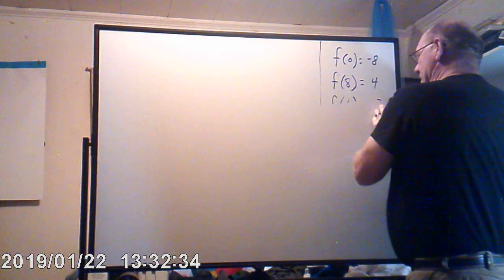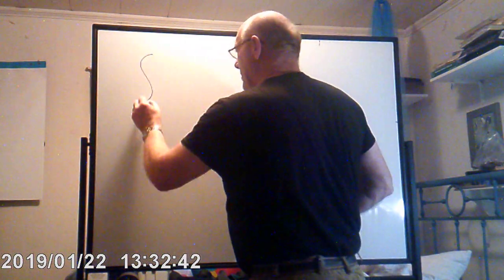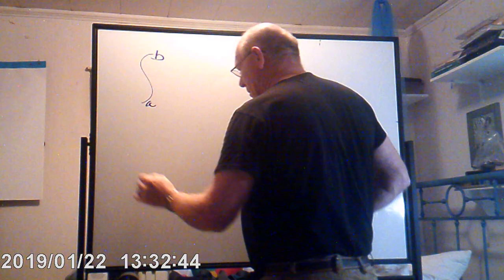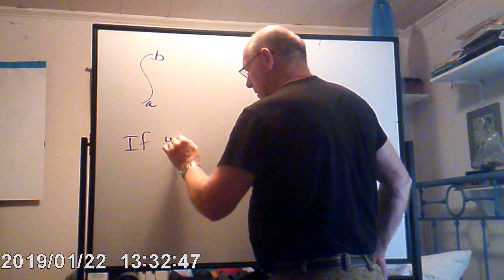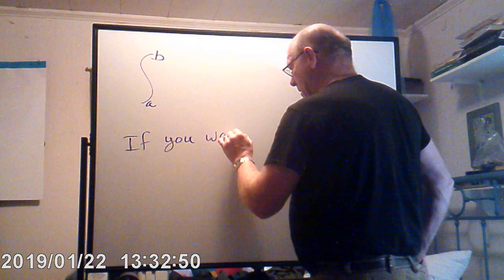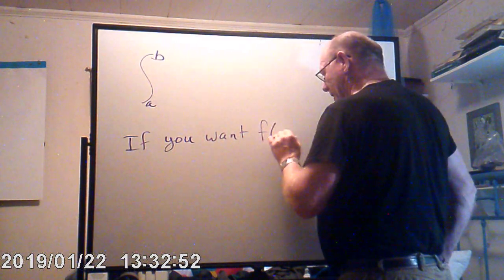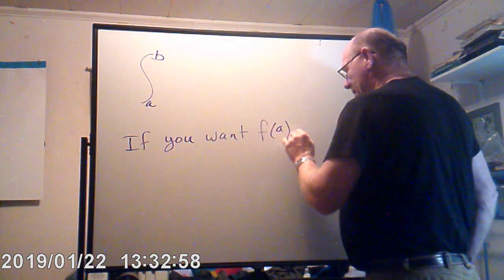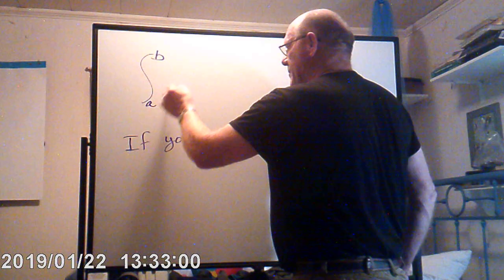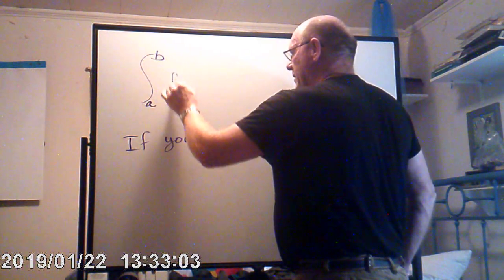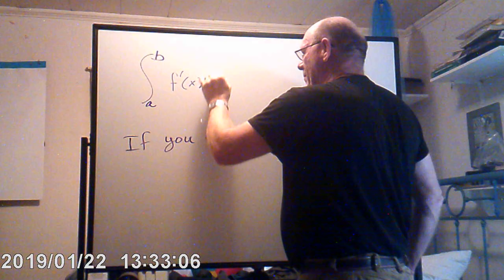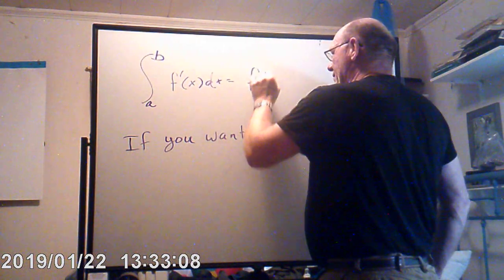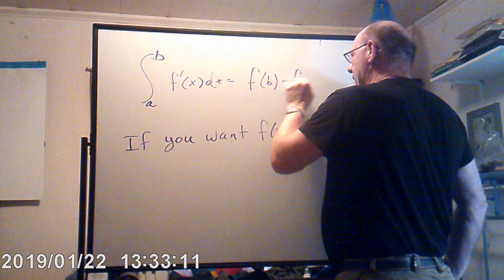And again, anytime you want f at some letter, maybe we want f at a, and we've got f prime at x, then it is f at b minus f at a.